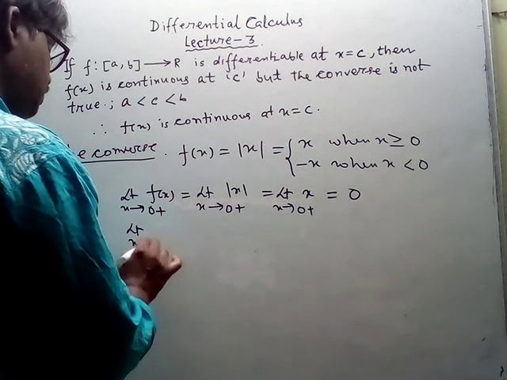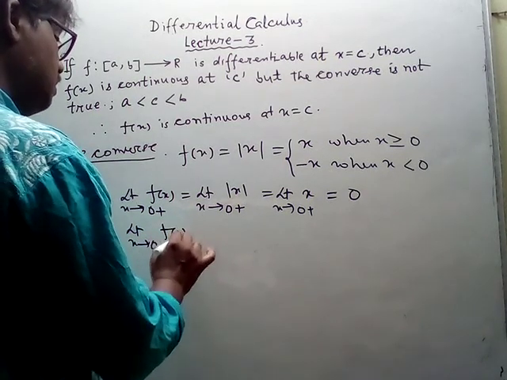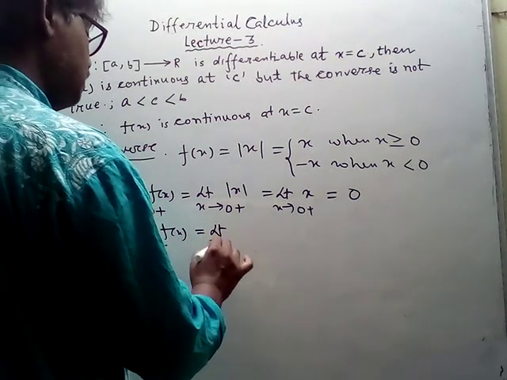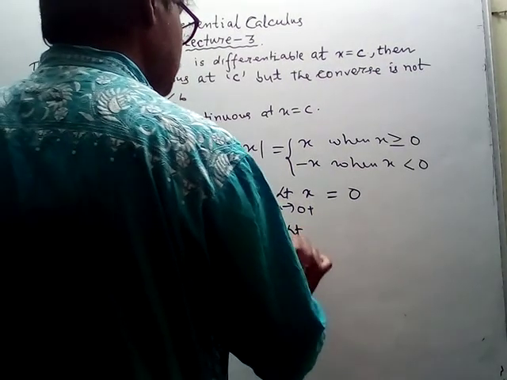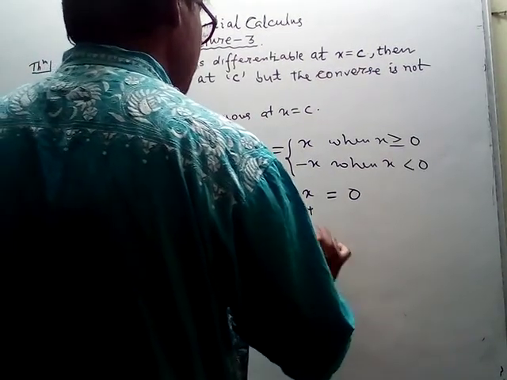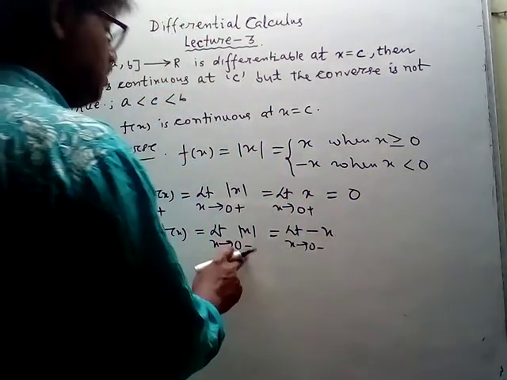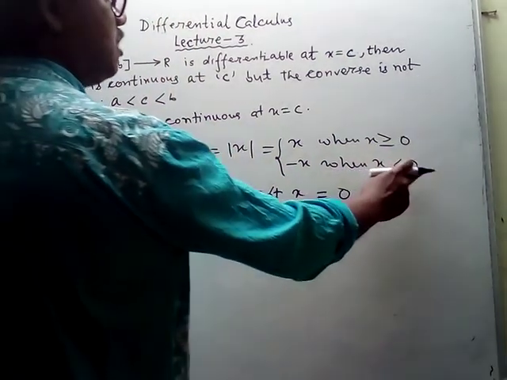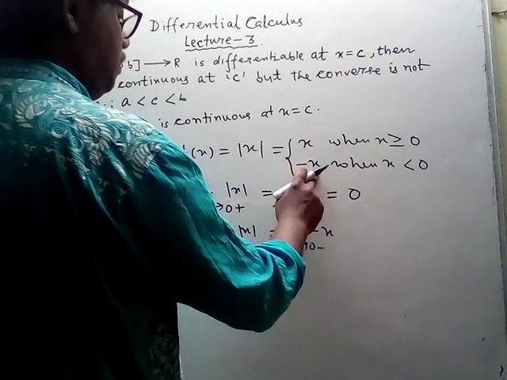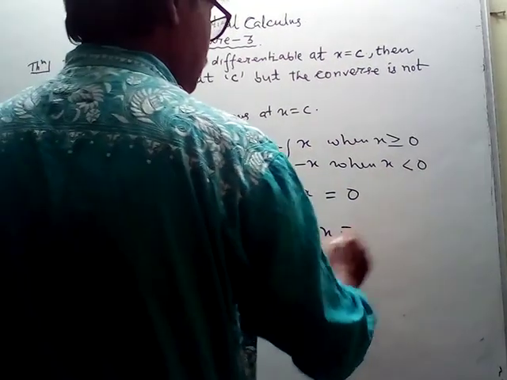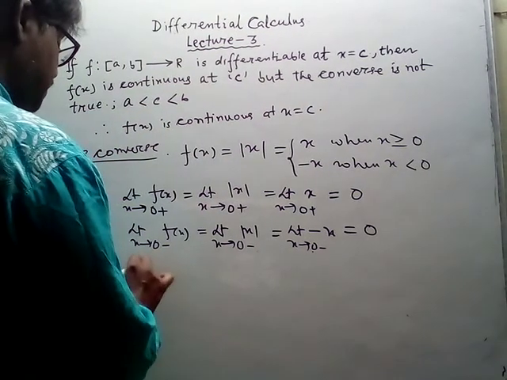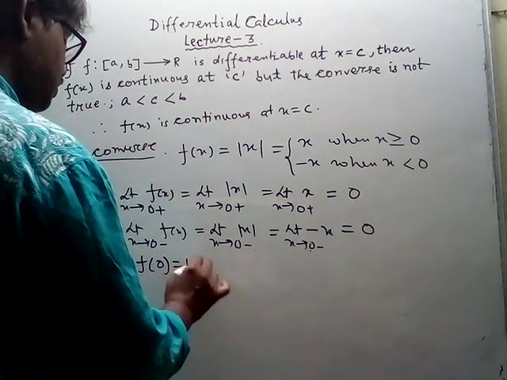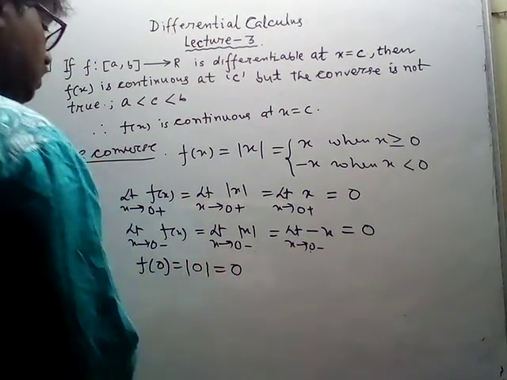The left hand limit: limit x tends to 0 minus of f(x), modulus x, where x is less than 0, the value of mod x is minus x. Directly putting 0 gives minus 0, that means 0. And f(0) equals modulus 0, that means 0.